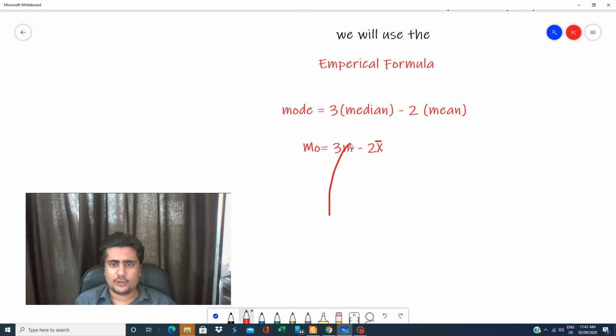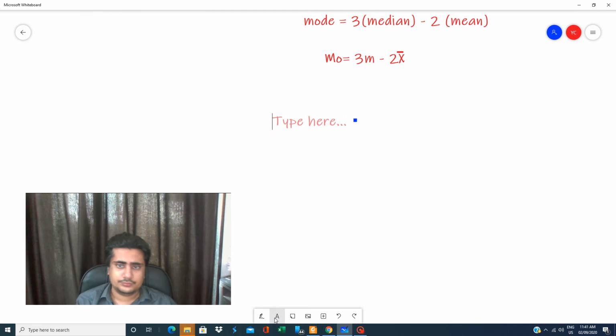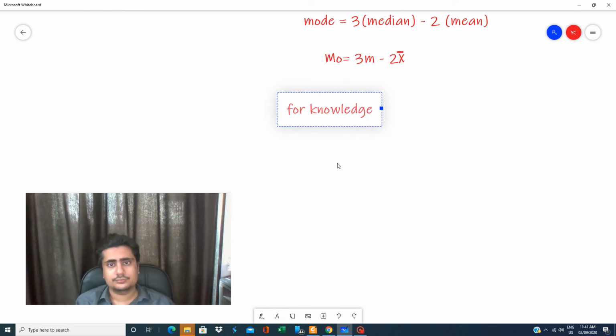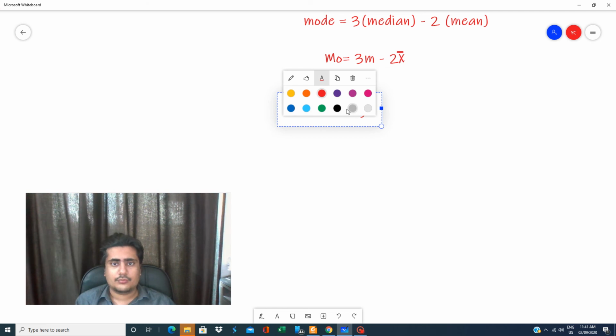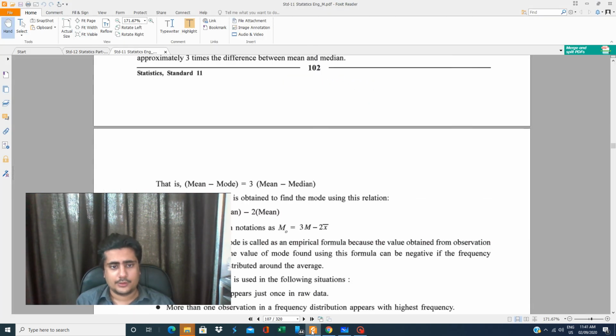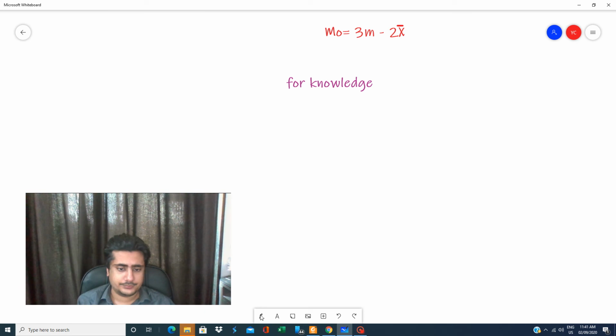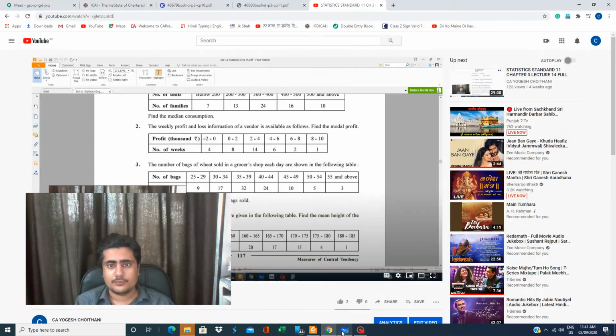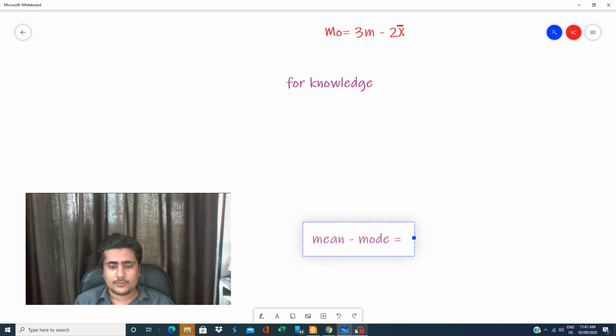Just for your knowledge, I am teaching you: there is a relation called mean minus mode is equal to 3 into mean minus median.